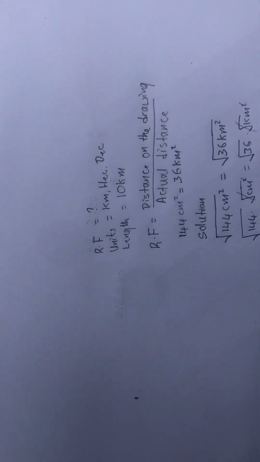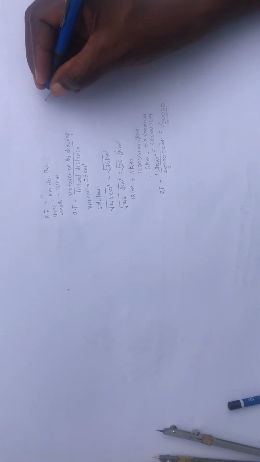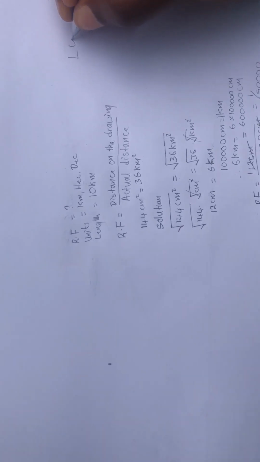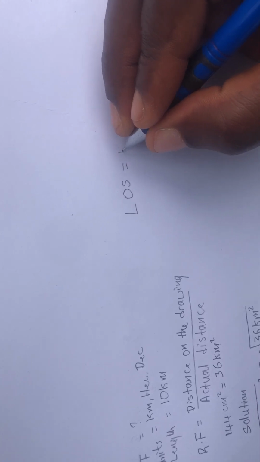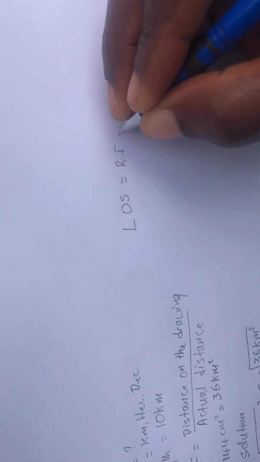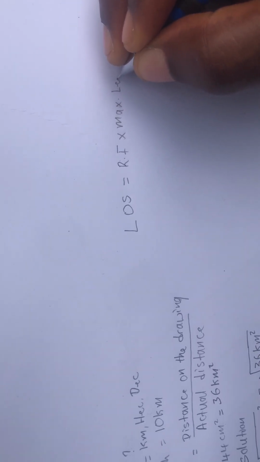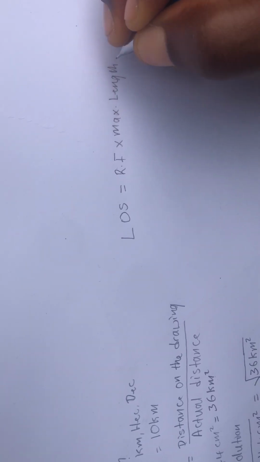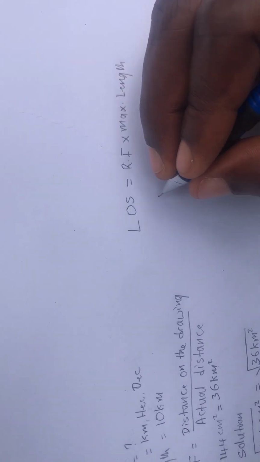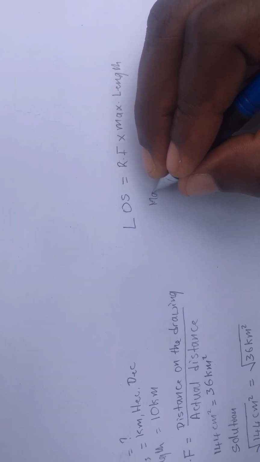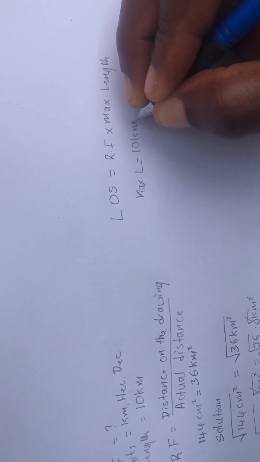So now we are going to be looking for our length of scale, which is LOS. So our LOS is equals to RF times maximum length. Now, our maximum length here is equals to 10 kilometer.